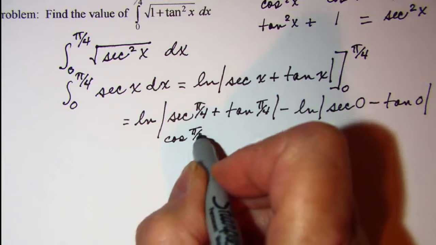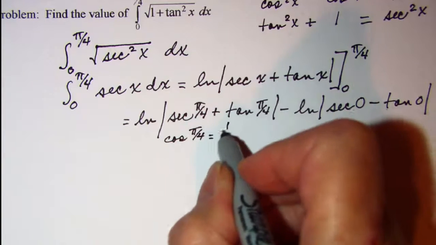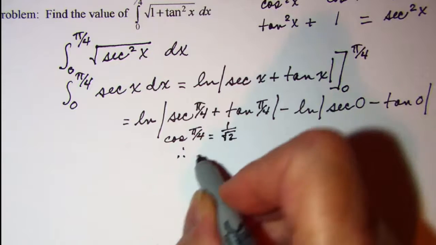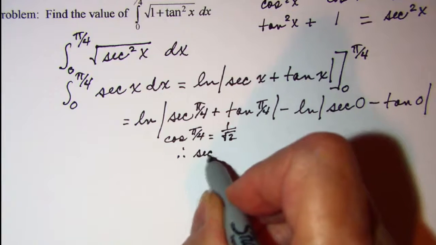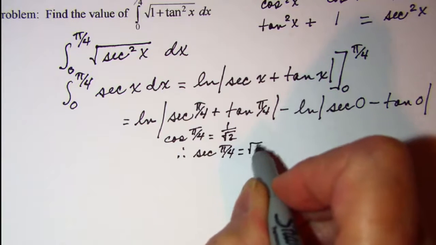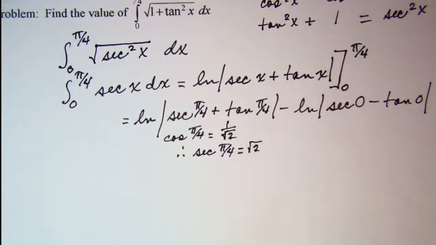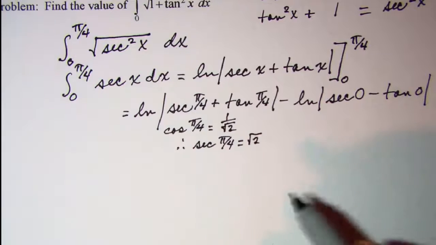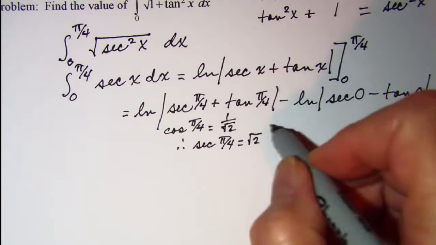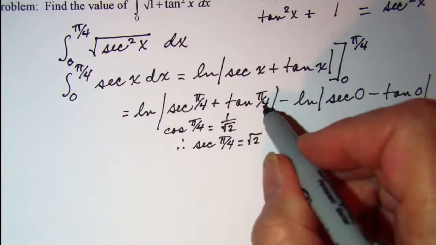Cosine pi over 4 is 1 over root 2. Therefore, secant of pi over 4 is root 2. And the tangent of pi over 4 is 1.